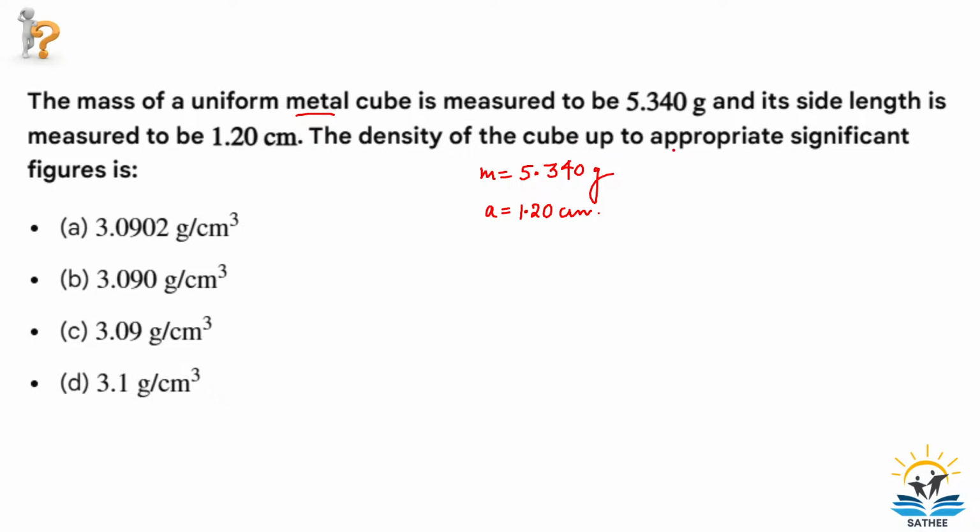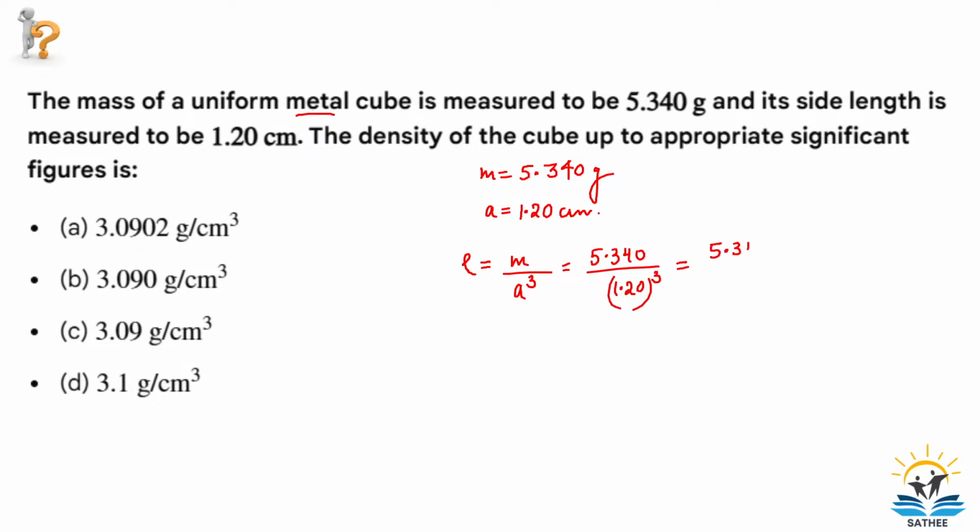Find the density of the cube up to appropriate significant figures. So density is mass upon volume. So 5.340 divided by 1.20 cubed.